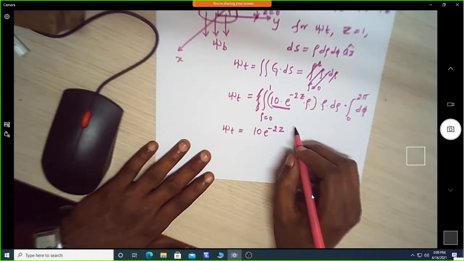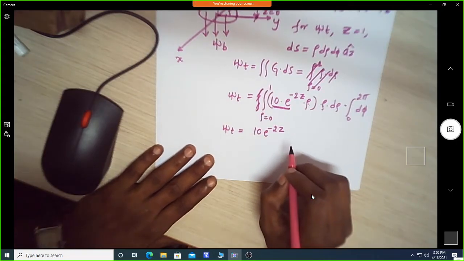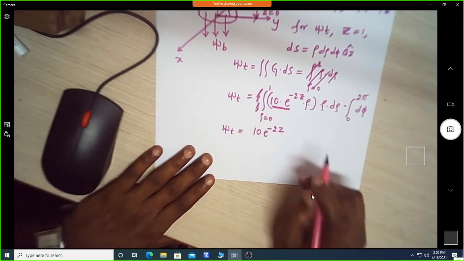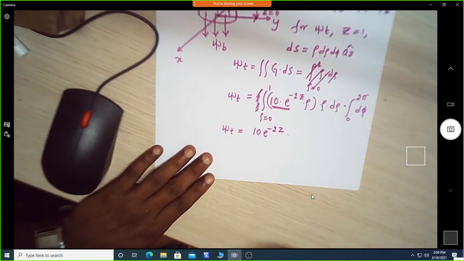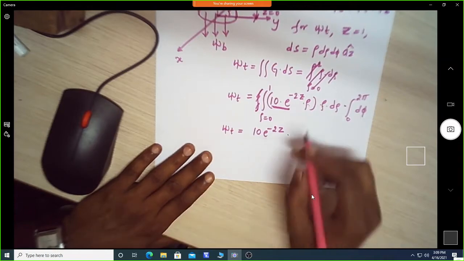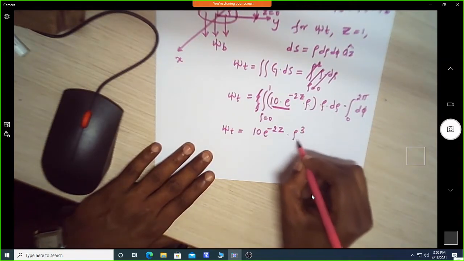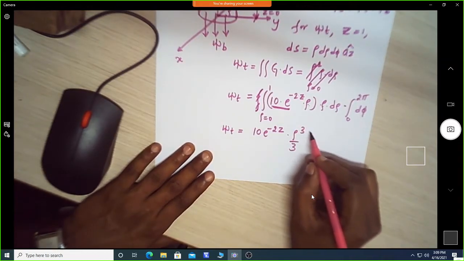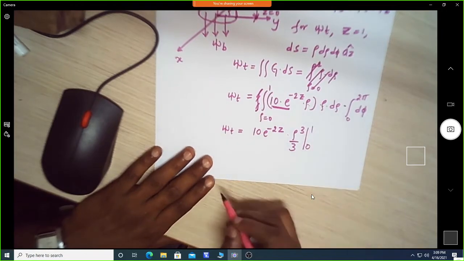It is rho cube by 3, varying from 0 to 1.